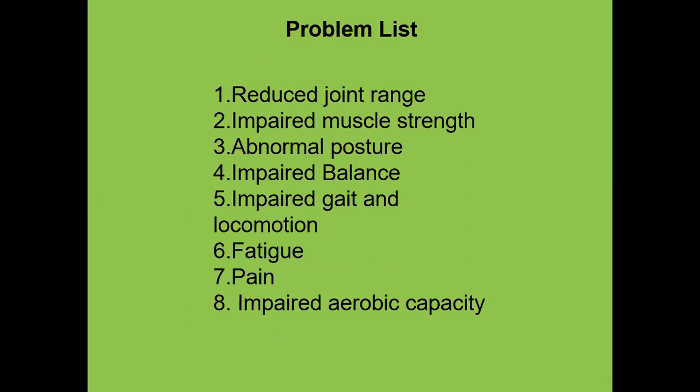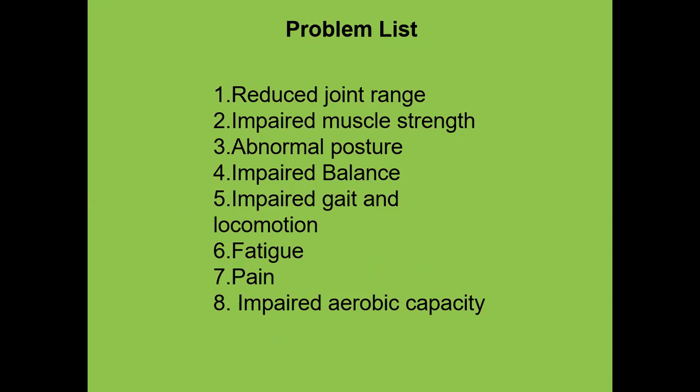Being a physical therapist, during clinical practice with Parkinson patients, you face this kind of problem list. First, their joint range is completely reduced. Second, their muscle strength is totally impaired. Third, abnormal posture, either stooped or flexed posture.